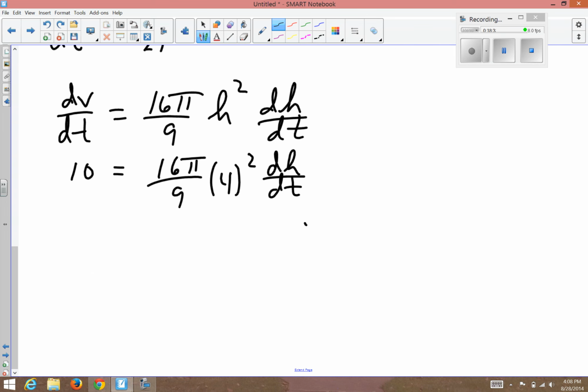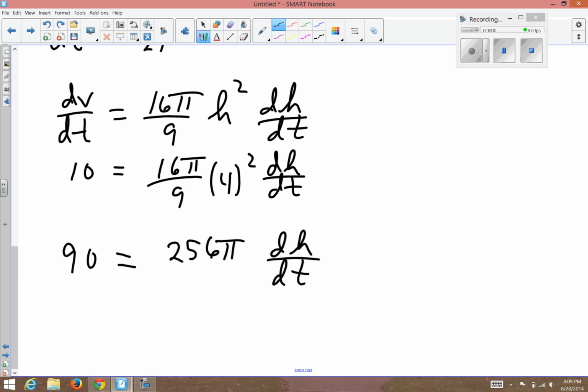If we multiply both sides by 9, this side will be 90, and this side will be 256 pi dh dt. Because 4 squared is 16, 16 times 16 is 256. 256 times pi is 256 pi.